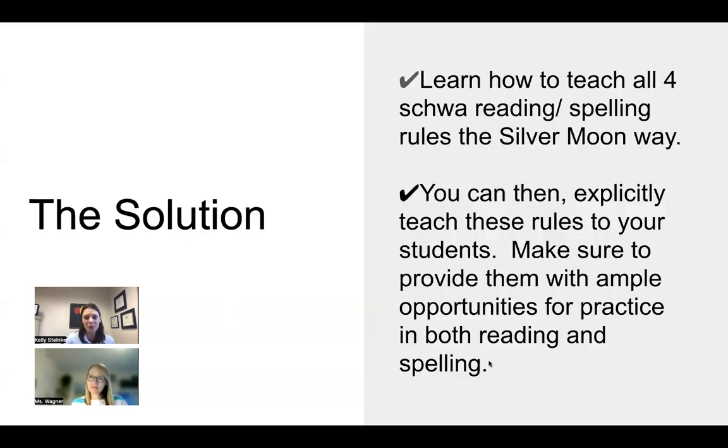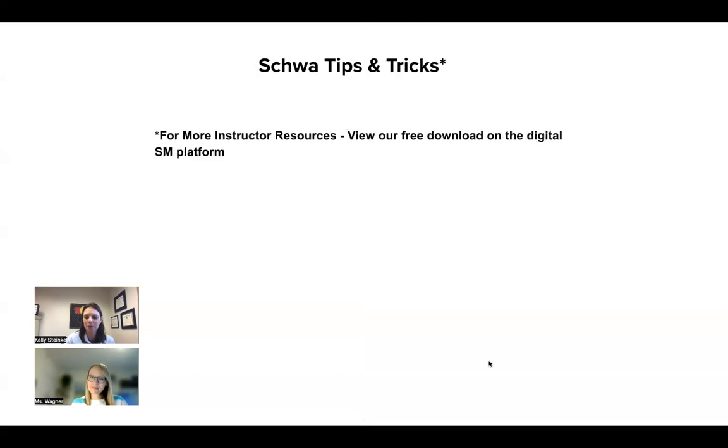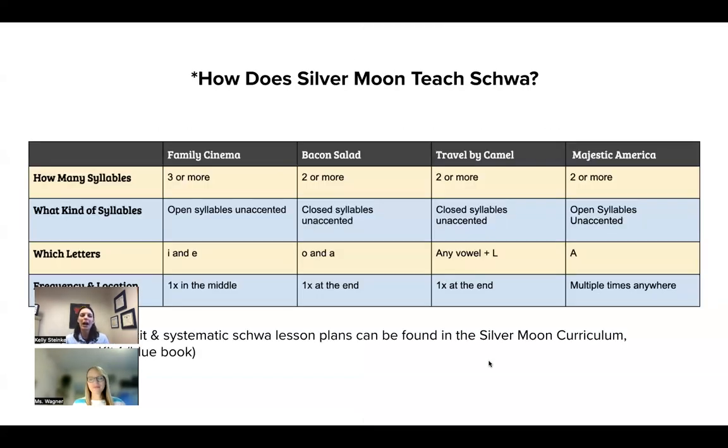I'm going to fast forward just a moment here and show you one slide. We tend to categorize schwa in terms of rule. So we basically have 4 schwa patterns within the English language. And when you're using Silver Moon, we categorize these patterns by name. We'll give them a spelling rule name.